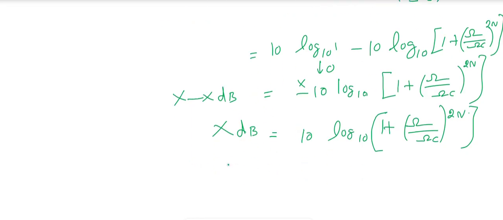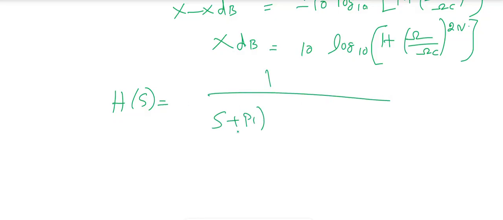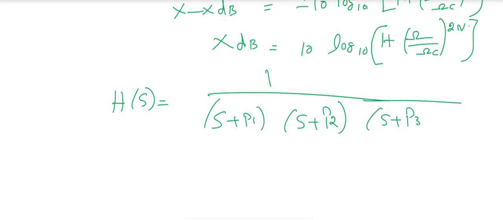Generally, how do you define the transfer function? H(s) can be defined as 1 by (s plus p1) into (s plus p2) into (s plus p3) up to (s plus pn).